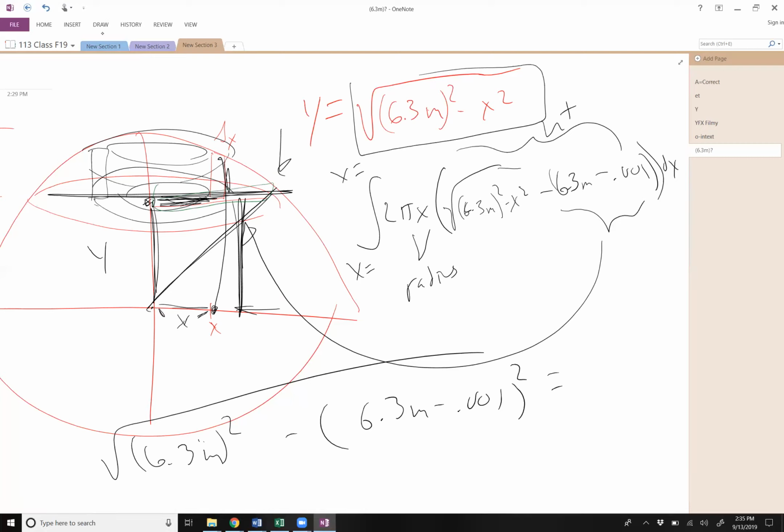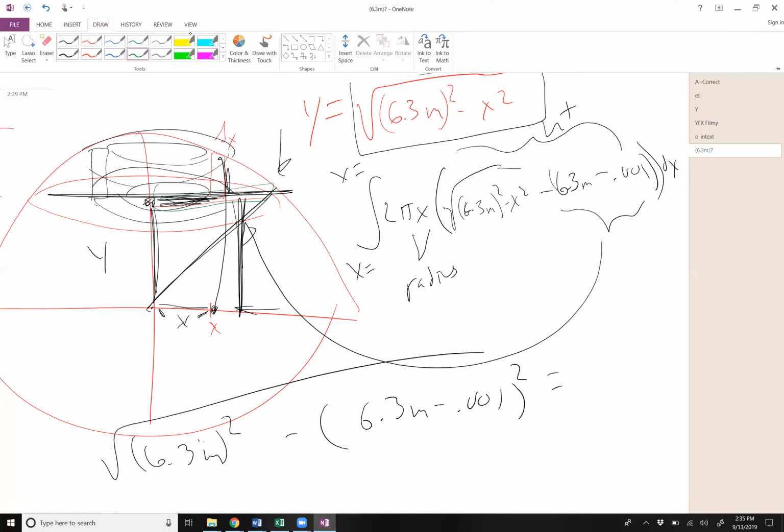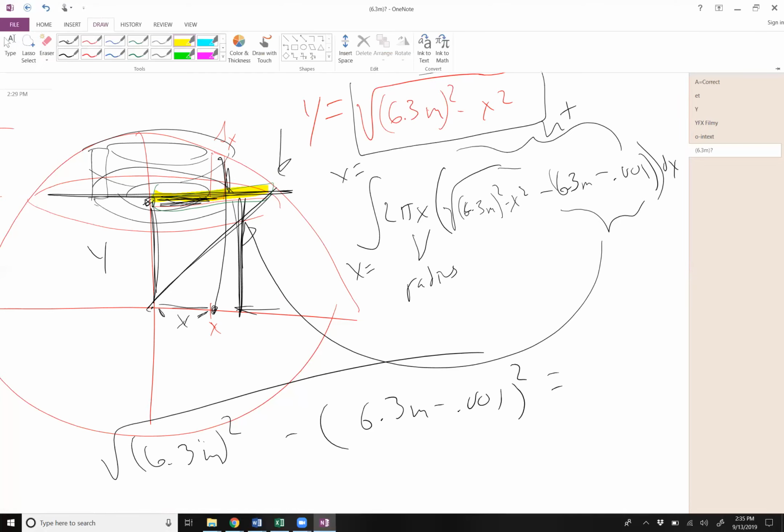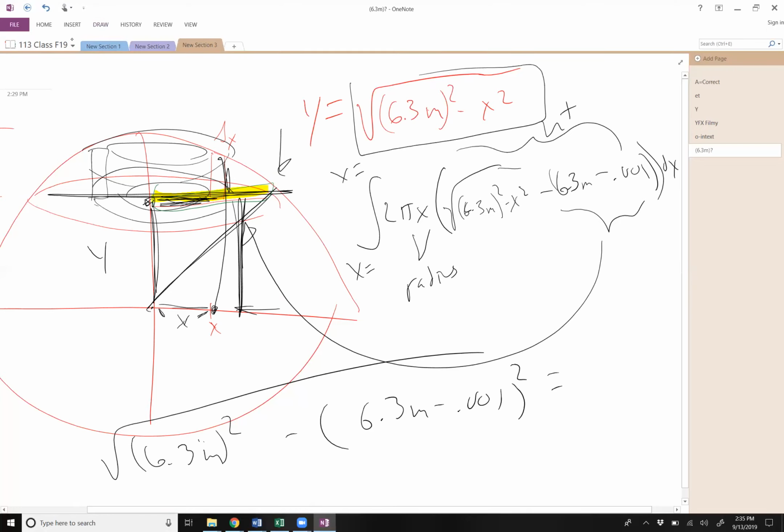There. So it's going to be that distance. It ends up being about 112 meters. Is that what you have calculated? So that is about 112 meters.